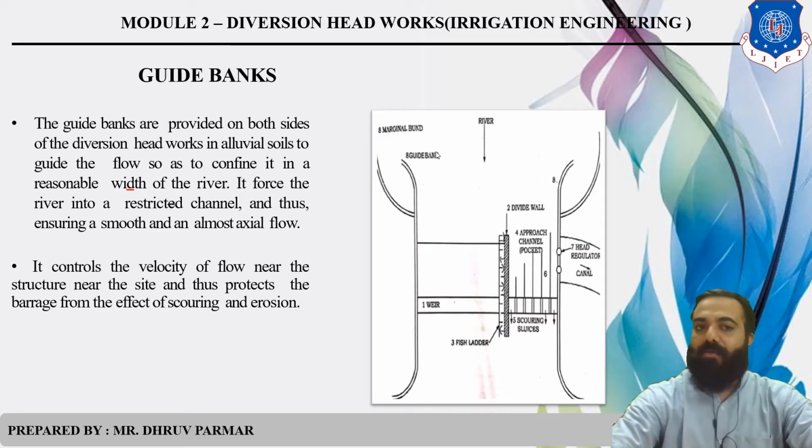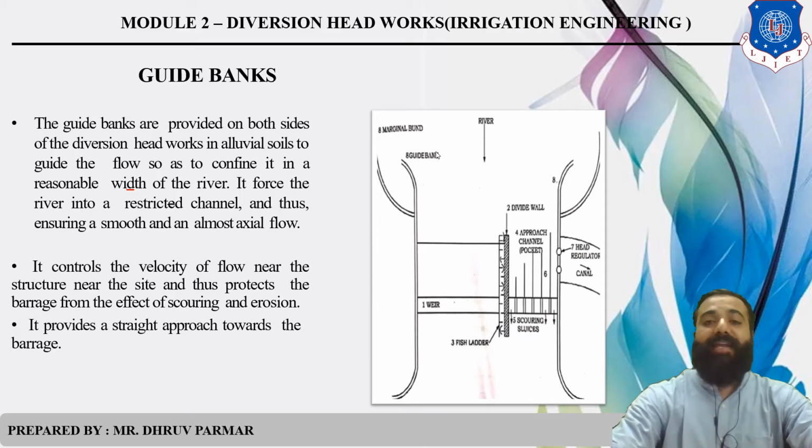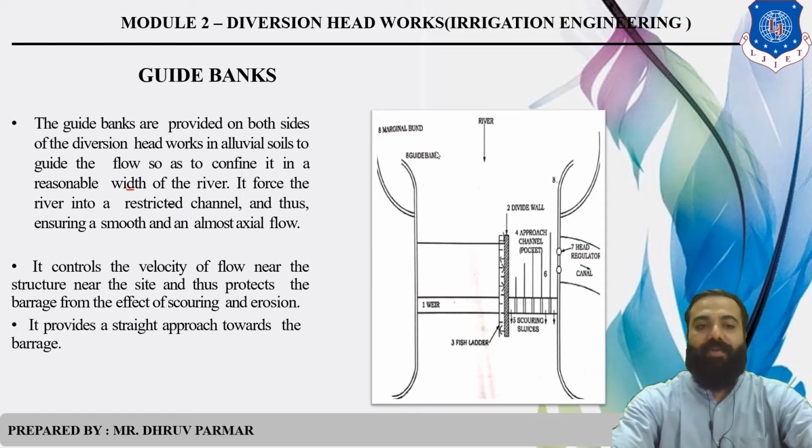So by the guide bank you can prevent scouring and erosion and control the velocity of flow. It also provides a straight waterway towards the barrage or pier.